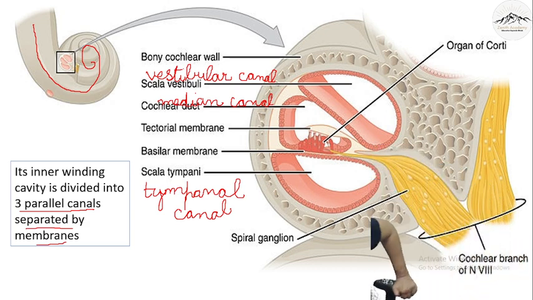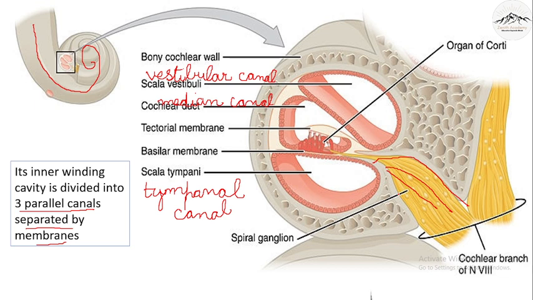Now I'll just move around and show you this. See the diagram carefully. Here you can see that they are connected to the auditory nerve fibers. These yellow colored ones are the auditory nerve fibers. So you have to remember there are these 3 canals: vestibular canal, median canal, and tympanic canal.